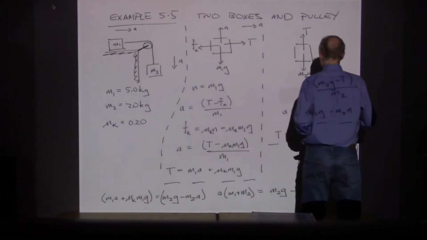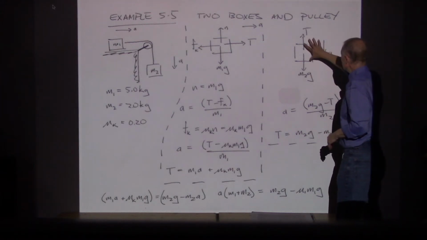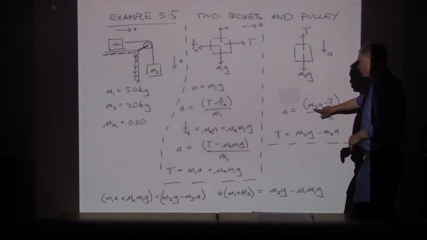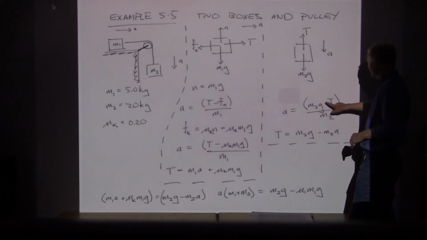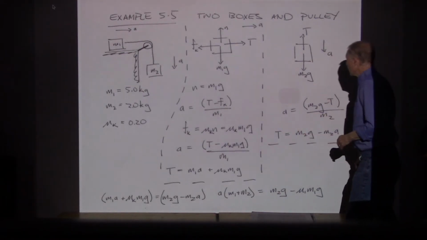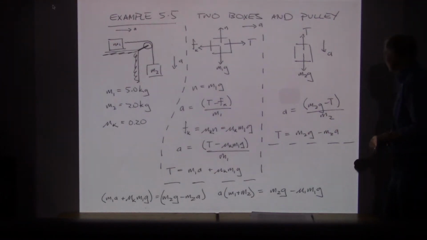Same thing with object 2. Here the acceleration is downwards. The acceleration will be in terms of the forces divided through by the mass. The force driving this is gravity. Tension is holding back, divided by m2. When I solve for the tension here, I find that the tension is equal to m2g minus m2a.